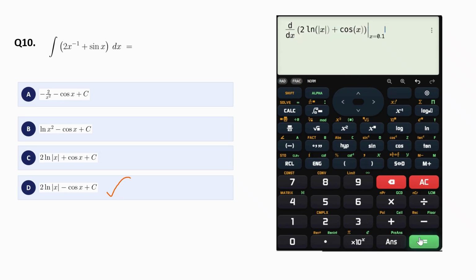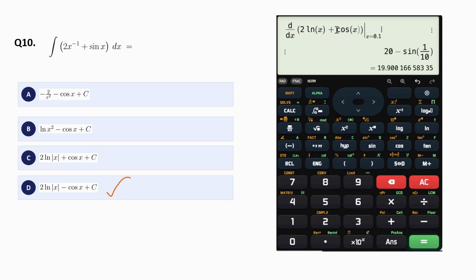And you get 19.9, which is not the right answer. So option C you can cancel out.